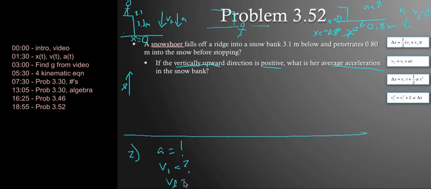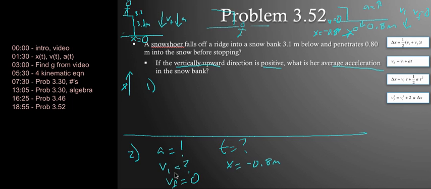We know this final velocity is 0 because she stopped in this case. And we don't know t. We do know this x is minus 0.8 meters. So here we have three unknowns, so we actually can't solve this. So we have to solve some of what we know in this initial case in order to solve what's happening as she's going through this snowdrift.